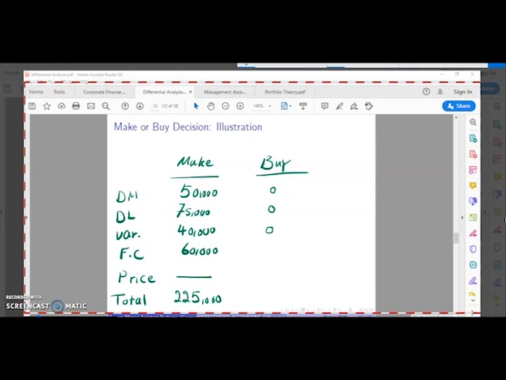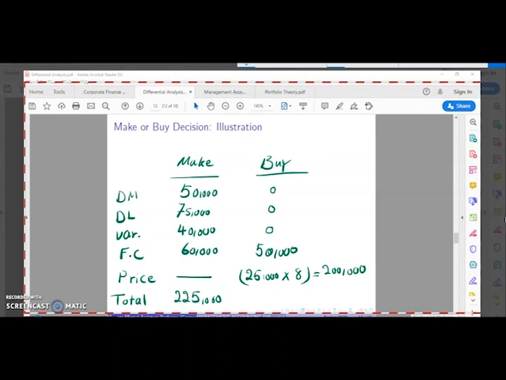So at least 50,000 out of 60,000 fixed cost must be absorbed under either option. So I will assume 50,000, and the price that I have to pay is 25,000 units in case I buy it, times $8 per unit, which is 200,000.